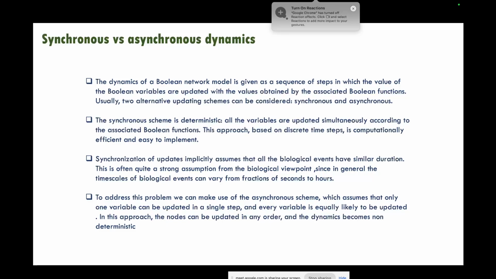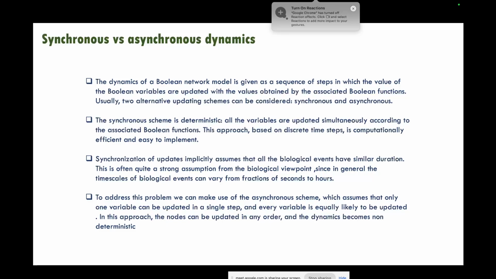So that is what I was saying: you make assumptions like these, and you need to respect these assumptions when you are inferring the results. These are actually drawbacks of this kind of model, right? This is often quite a strong assumption from a biological viewpoint, since in general the time scales of biological events can vary from fractions of seconds to hours, to even days, months, and years. So the variability is very high, and the assumption is, you can say, wrong, at least.